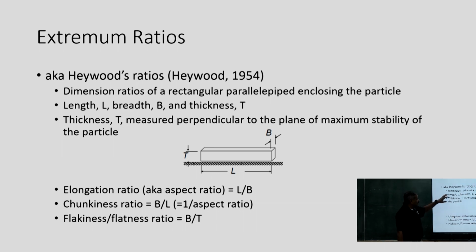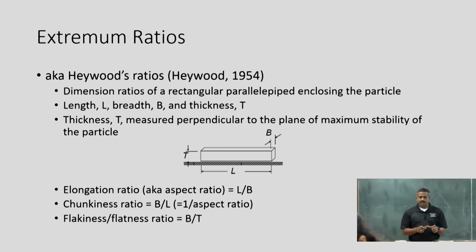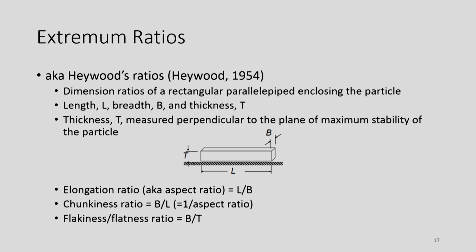Some of the extremum ratios are the Heywood ratio or the aspect ratio. We use two major dimensions, either length and breadth or breadth and width, and then calculate the aspect ratio. Again, elongation ratio or aspect ratio, chunkiness, flakiness, etc., from either length and thickness or breadth and thickness.